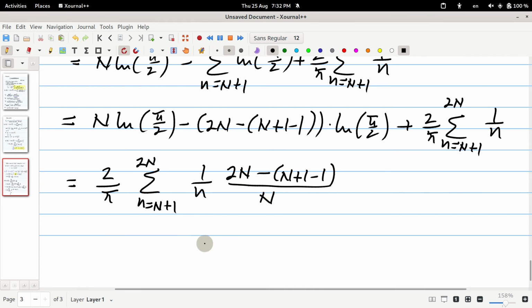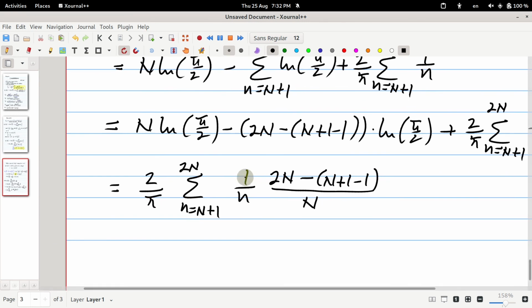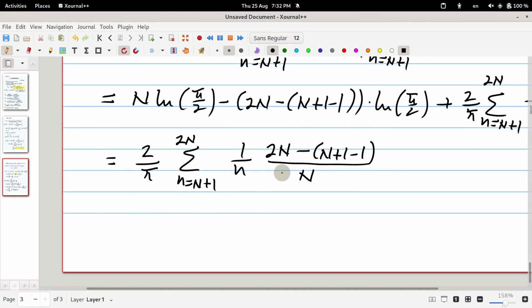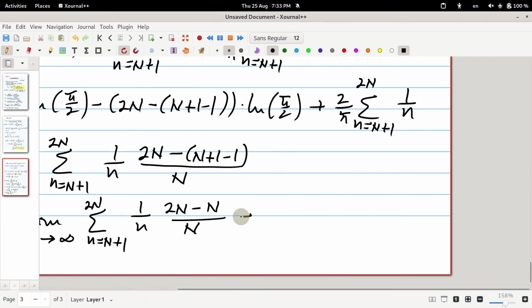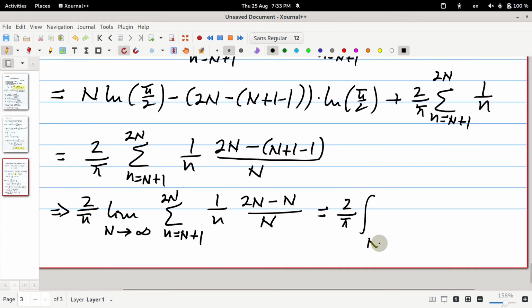And this fits exactly with what a typical Riemann sum looks like, and we're only multiplying it by 1. So if we take the limiting case as n tends to infinity, 2 over pi times the limit as n goes to infinity of this whole thing, what we actually get is a definite integral going from n up until 2n of 1 over x dx.